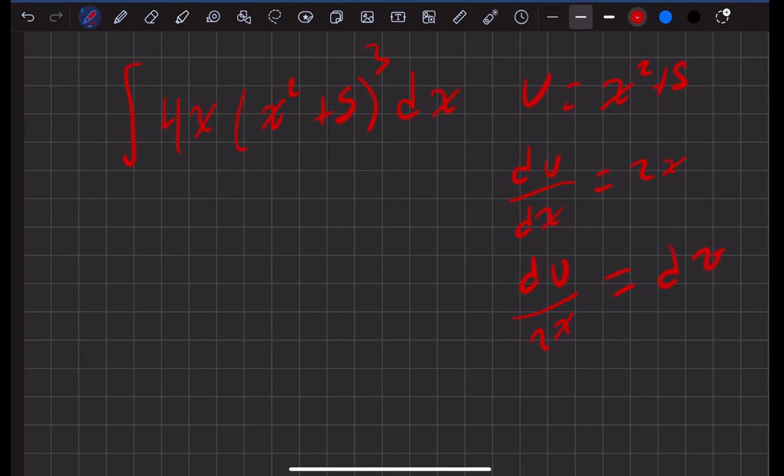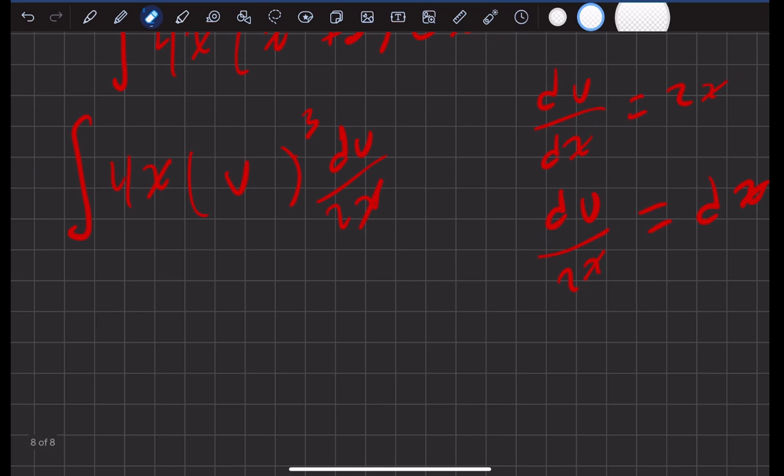equals dx. And so this du over dx, we're going to replace our dx with that, so du over 2x. And then on the inside, since we've already defined x squared plus 5 as u, we'll just replace this with u. Now we'll just take a look at the equation.